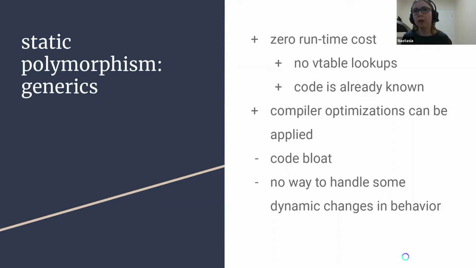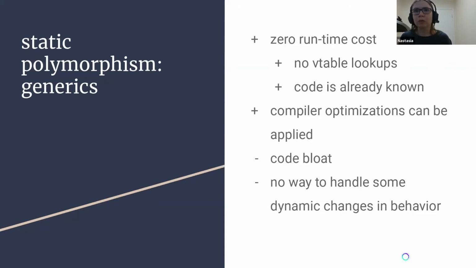But there are disadvantages too, because if you're writing a lot of this template code, you would be generating a lot of different code. That could lead to some code bloat for your binary, which could be a problem in resource-restricted environments. I don't think it's a problem with modern backend development, but still something to be aware of.